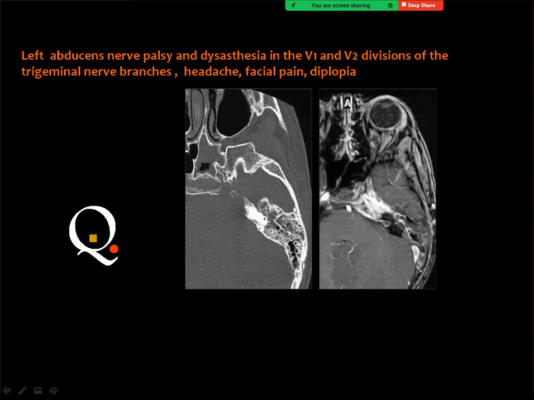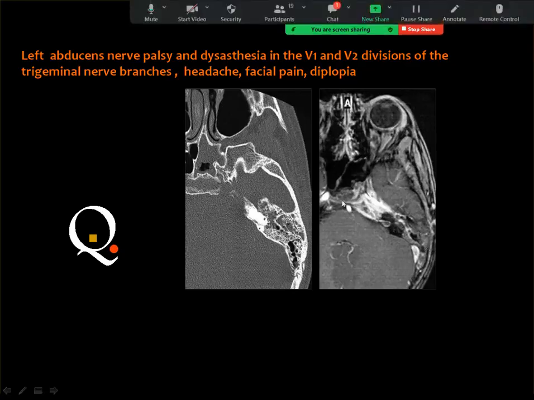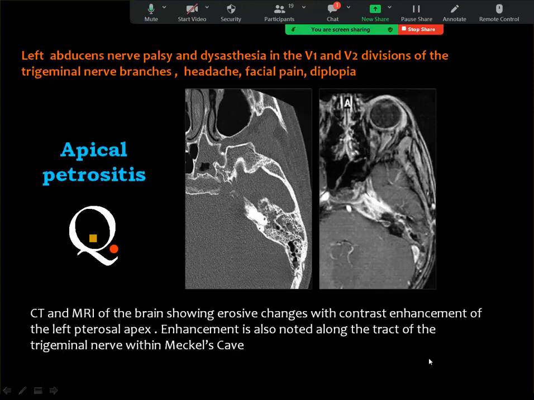And you see here opacification of the middle ear cleft and mastoid air cells denoting otomastoiditis. You see some erosive changes in the apex of the petrous bone. On MRI, you got opacification of the mastoid and middle ear cavity with no post-contrast enhancement, but you get enhancement of the apex of the petrous bone, and this is known as apical petrositis or petrous apicitis, which is a known complication of otomastoiditis, and it will result in Gradenigo syndrome as you answered.